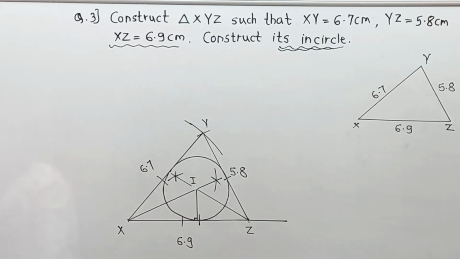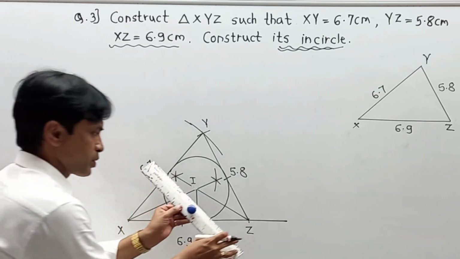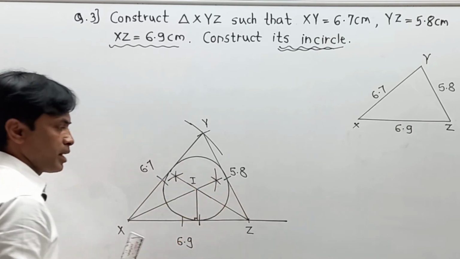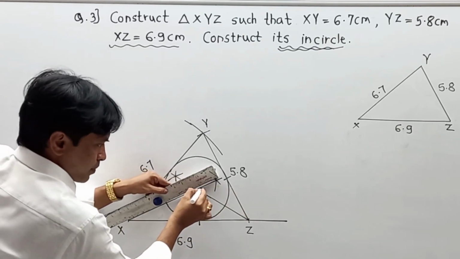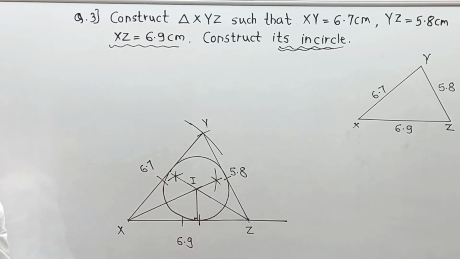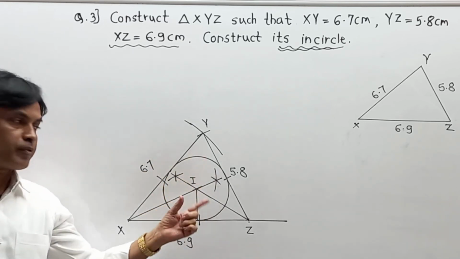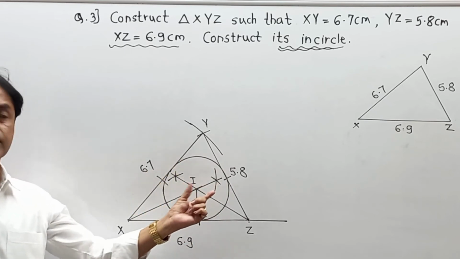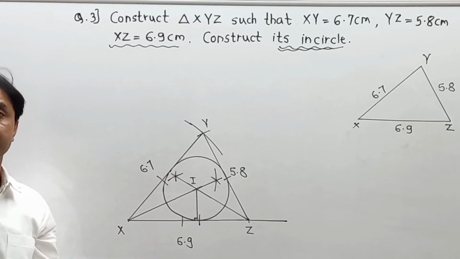In this way, we are able to draw the circle, or you can say incircle. Remember students, when you go to draw the incircle, first check whether it is properly touching all three sides or not, and then start drawing it. So step by step, your diagram will be very perfect.